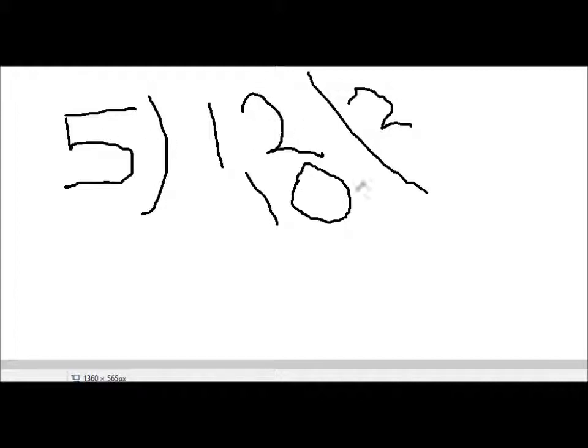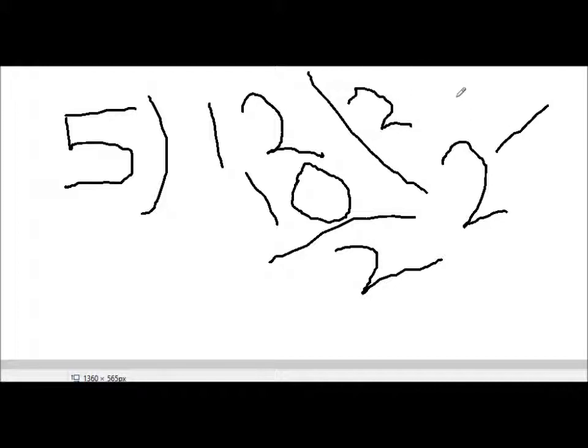So 5 2s are 10, which will give us 2 as the remainder. The quotient always comes in the middle, 2 is the remainder, and the number we are using to divide is 5. So it is 2 2 by 5.